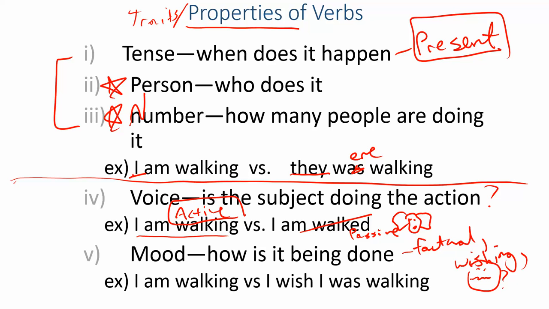So there are lots of moods, but the word I need you to know here is indicative. All of our questions and statements right now will be indicative, like indicate. An indicative mood indicates that something is really happening, or the speaker believes it is, or that it did, such as I am walking, versus something that's more wishful or hypothetical.